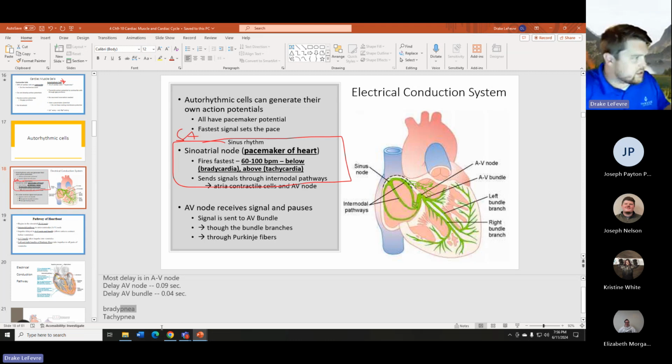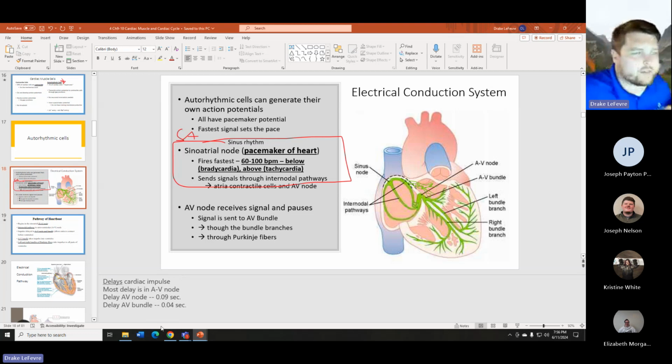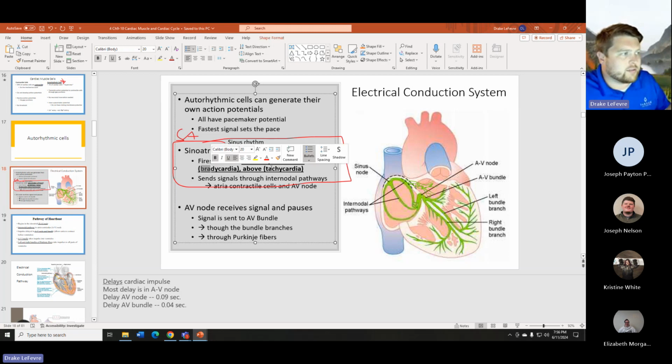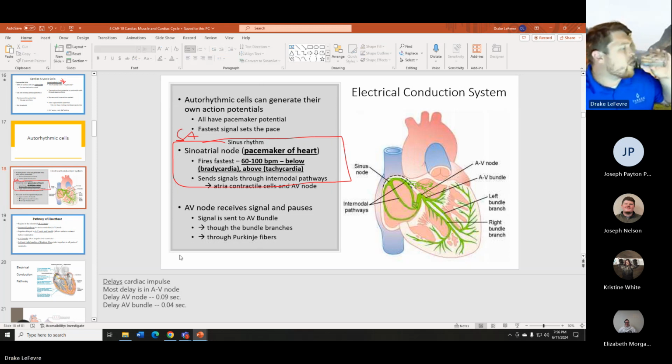This suffix, the pnea, is going to mean lungs and breathing. So tachypnea, breathing too fast, bradypnea, breathing too slow. So not important for heart stuff, but we circle back eventually in the next unit with lungs. So just understand those words under brady versus tachy. That's also typically a test question.